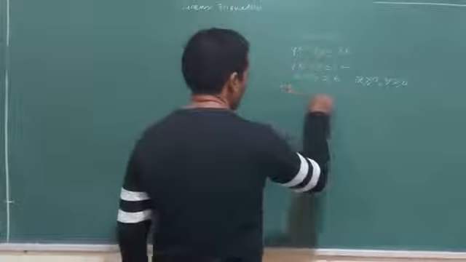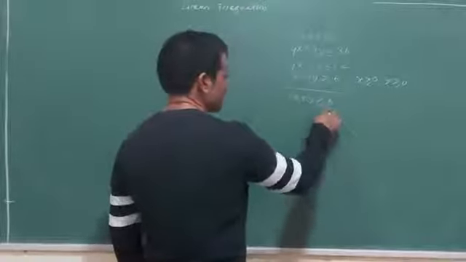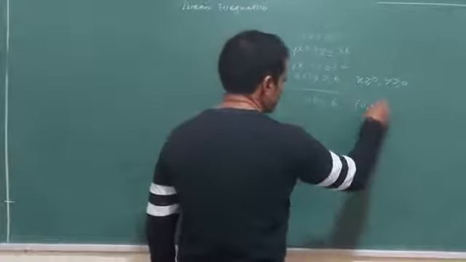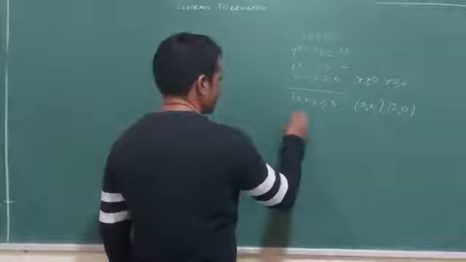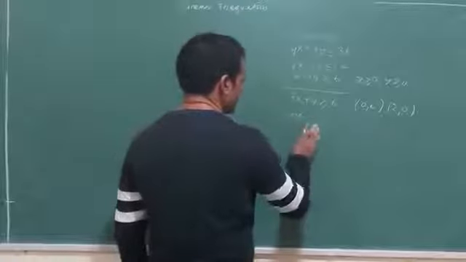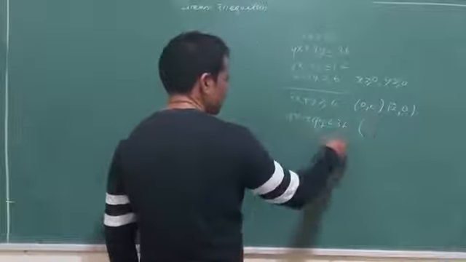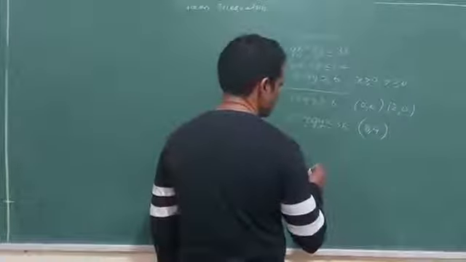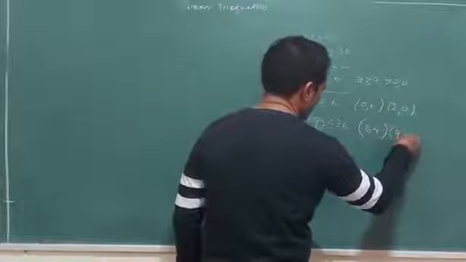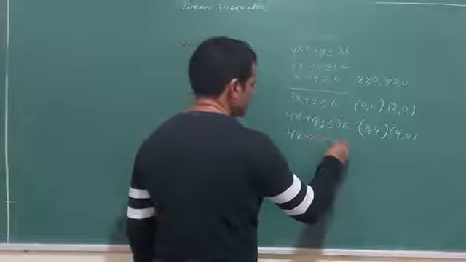First one, 3x plus y greater than or equal to 6. The constant term is positive. X 0, y 6; y 0, x 2. Second one, 4x plus 9y less than or equal to 36. X 0, y 4; y 0, x 9. 4x minus 3y less than or equal to 12.